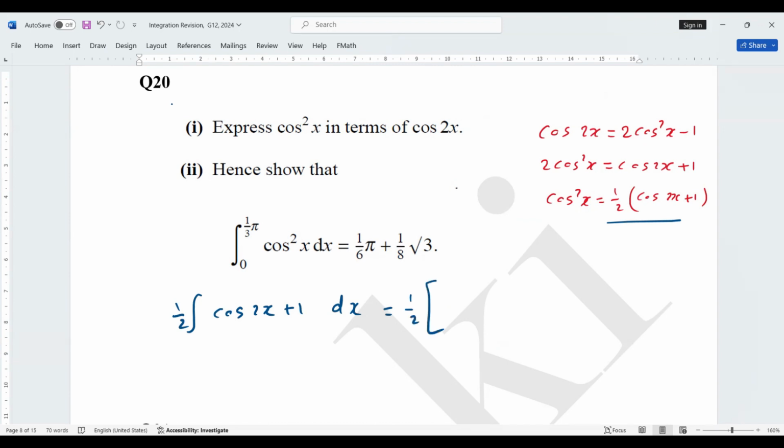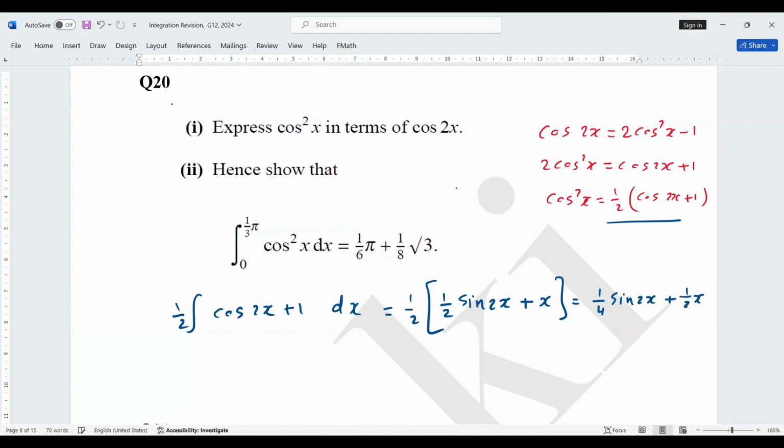So the integration of cosine is sine, but we multiply by 2 and divide by 2. So it's half sine 2x. The integration of 1 is x. That's it. Distribute half outside, inside. So half times half, it's a quarter sine 2x plus half x.